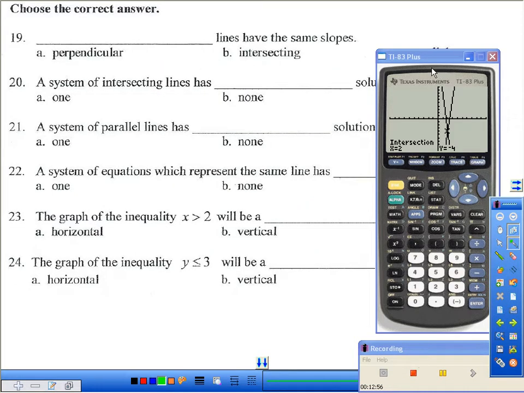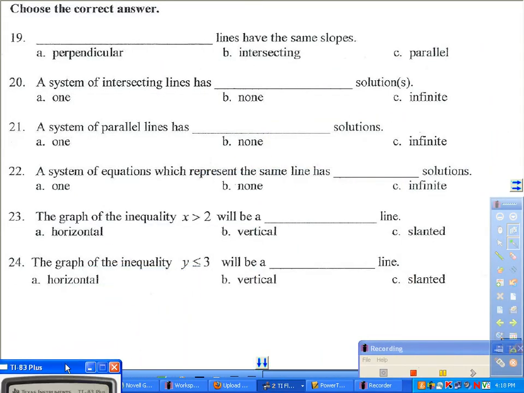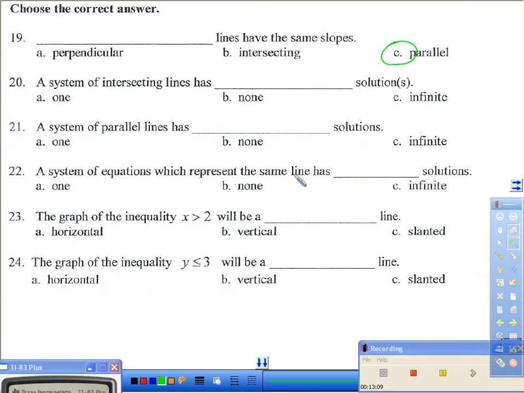Looking at this section, this is some definitions and some facts that we've talked about throughout this chapter. Number 19 says blank lines have the same slopes. We've said that parallel lines have the same slopes. A system of intersecting lines has one solution. It's the point where they cross.